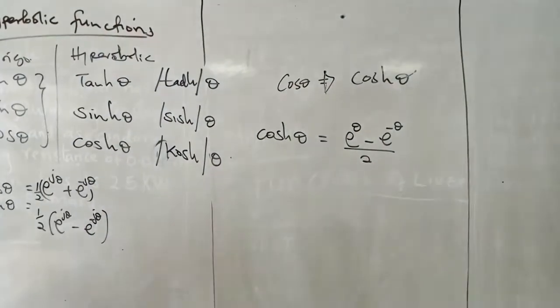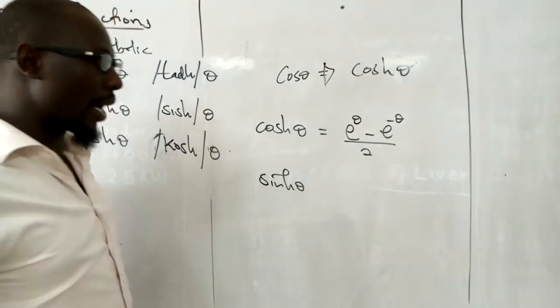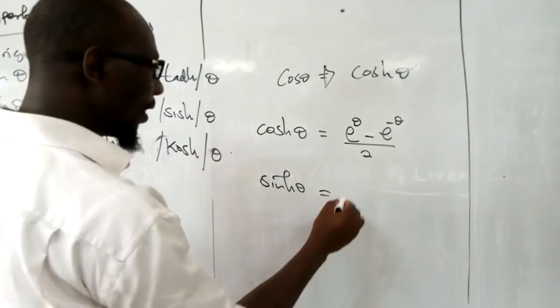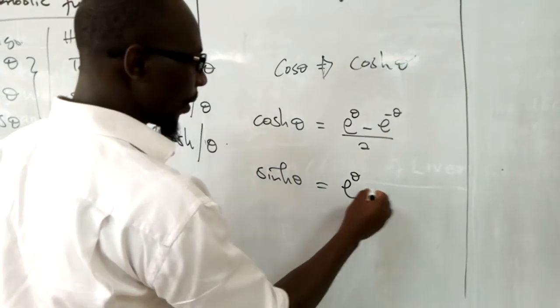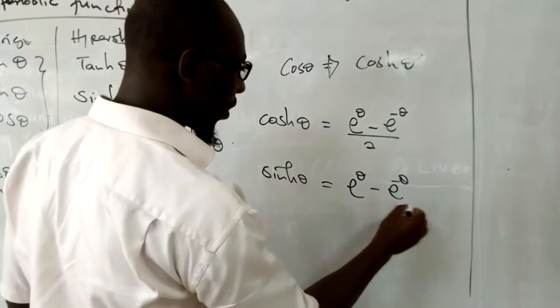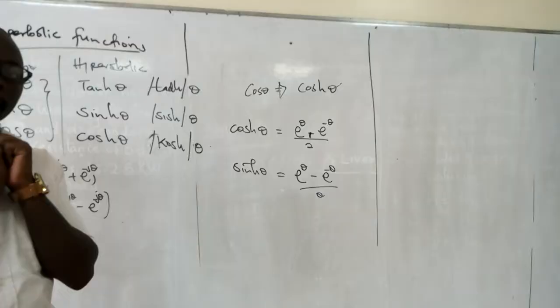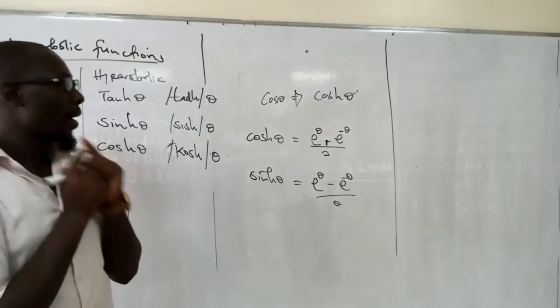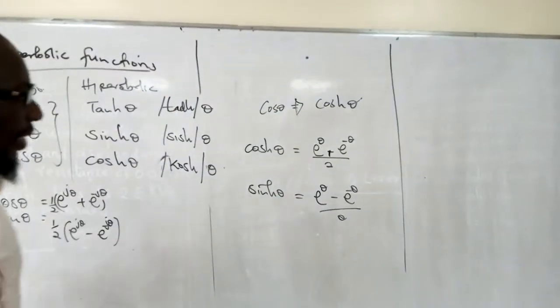And we also found that sinh theta, or the sine hyperbolic of an angle theta, is given by exponential of theta minus exponential of negative theta over 2. So cosh is given as this one and sinh is given as this one.